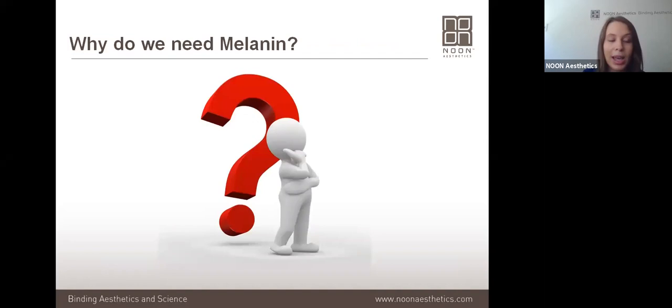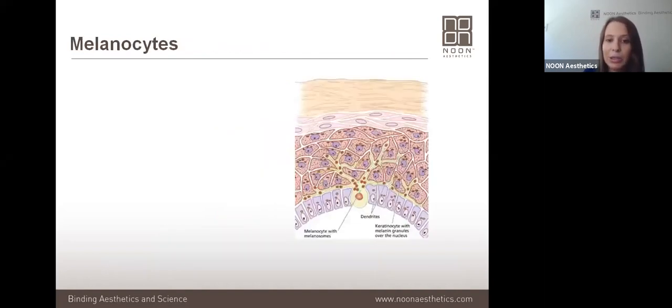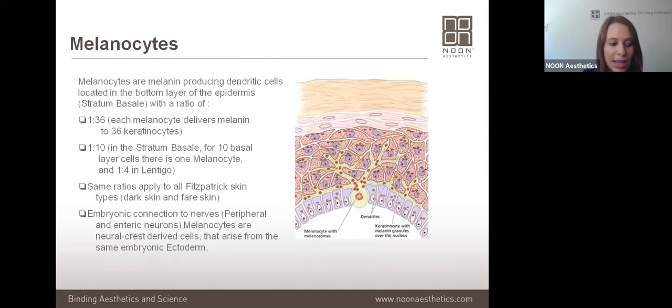So why do we need melanin? Let's take a look at the outermost layer, the epidermis, and two important types of cells, the keratinocytes and melanocytes. The keratinocytes are the cells that form the surface of the skin and are the primary type of cell found in this layer.